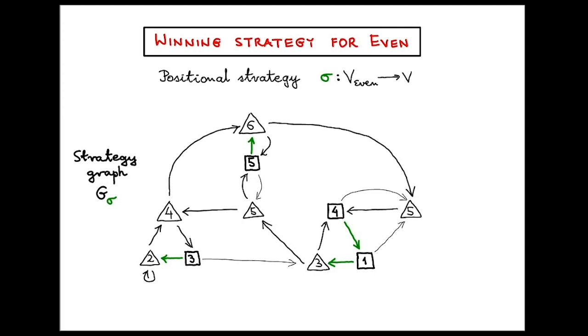And the way to do it is to do the following very simple mental exercise. Simply ignore all the edges that player even will never use. They are the thin edges. This one, and this one, and this one. So let's just throw them out. And indeed, let's also forget which vertices are vertices of player even and which vertices are where player odd moves.